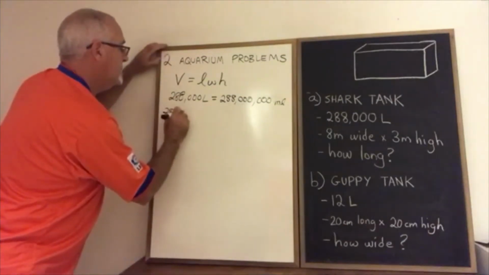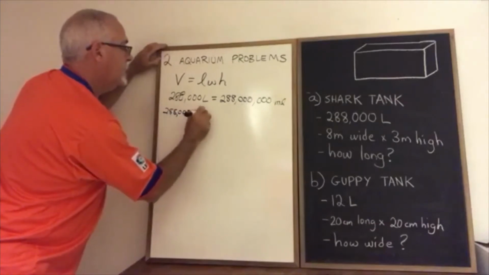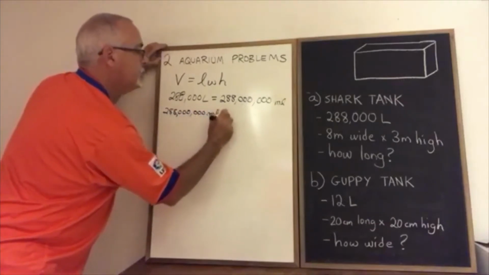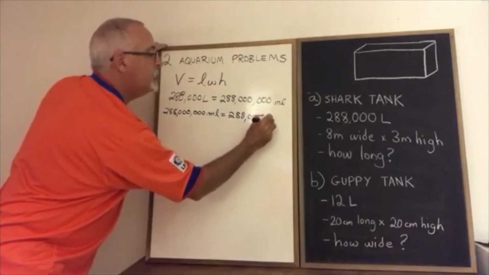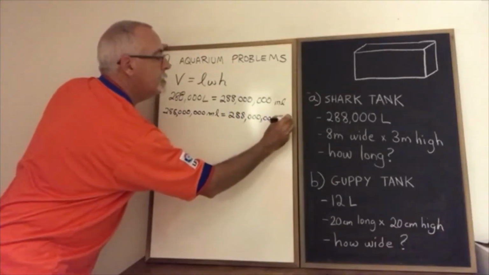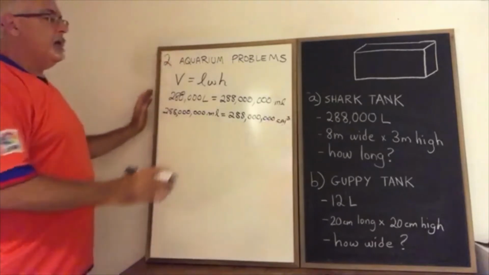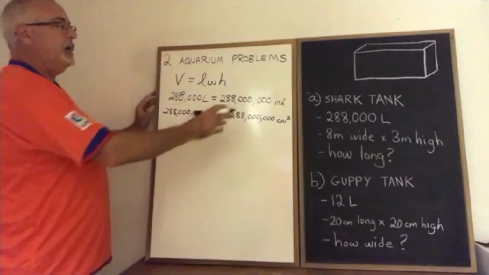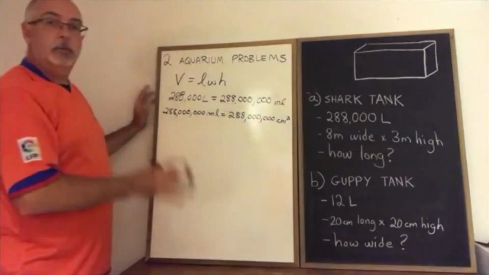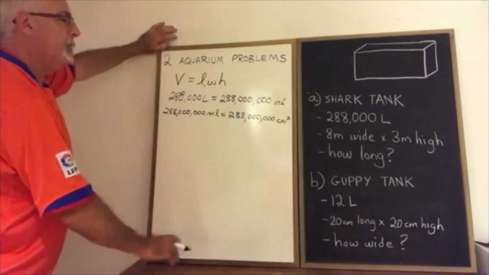288 million milliliters is equal to 288 million centimeters cubed. But I don't have centimeters here, so I want to do yet another conversion. I want to convert this into meters cubed. That will be useful to me.